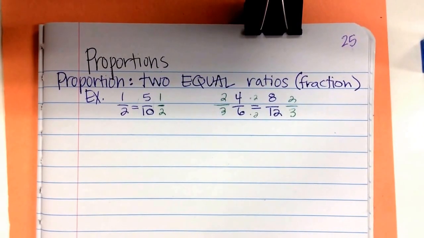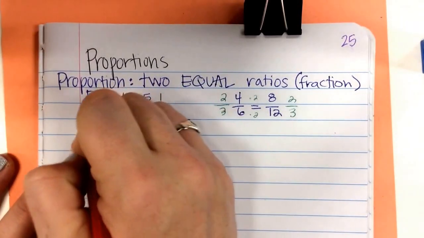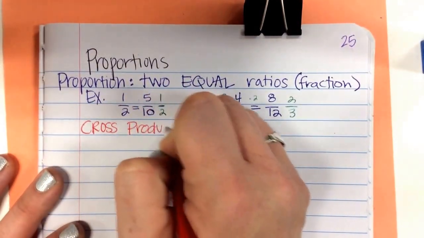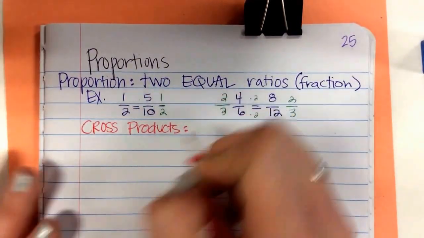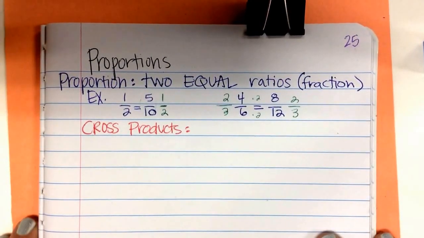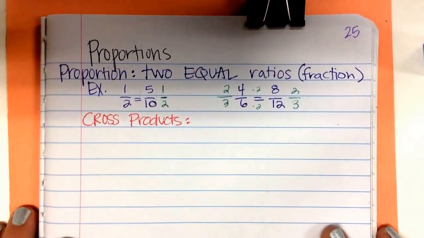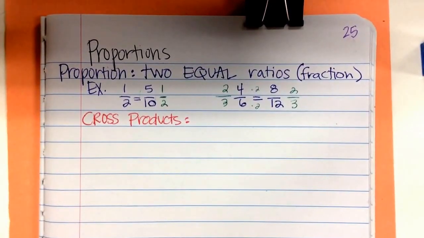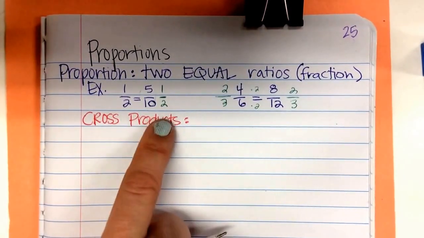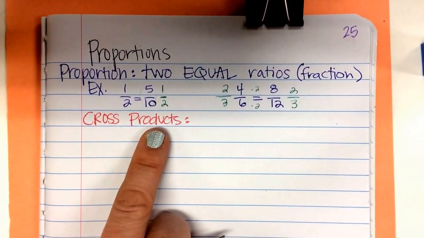But do you think it's always going to be that easy? No. We're going to use something today called cross products. And again, we talk about this quite a bit in math class. Mathematicians are not creative people. Cross means across from each other, and product means multiply.